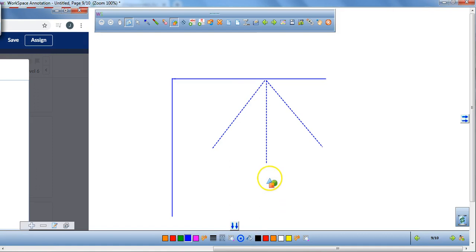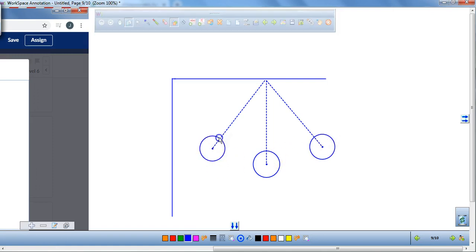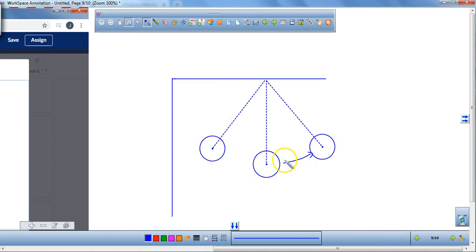This is a bob on a pendulum, swinging back and forth. I'm going to call this the wall.